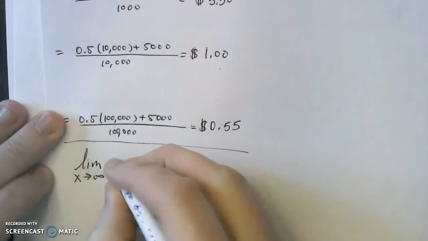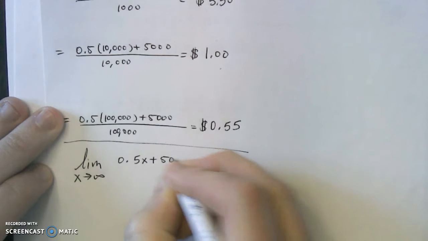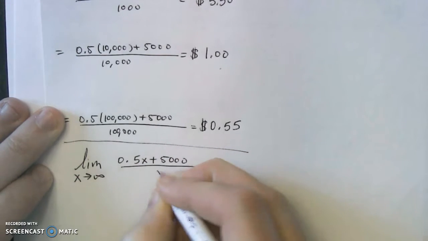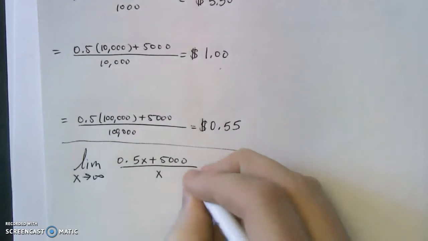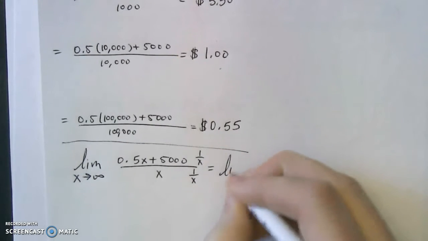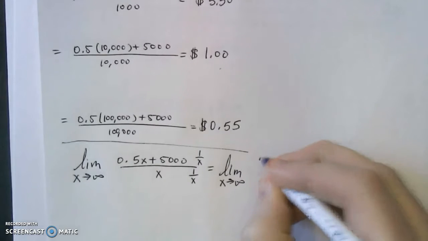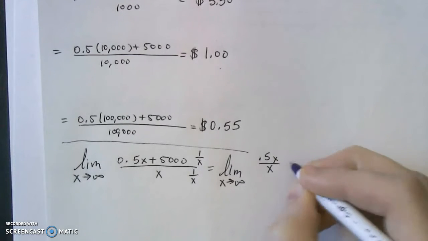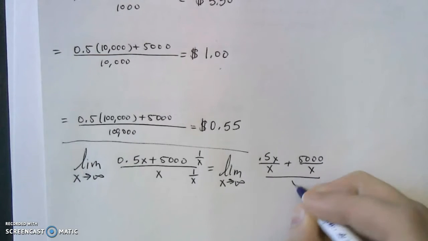So we're going to have 0.5x plus 5,000 all over x. And so what we'll do then is divide by the biggest x on the bottom, 1 over x. And so that gives me the limit as x approaches infinity of 0.5x over x plus 5,000 over x, all over x over x.